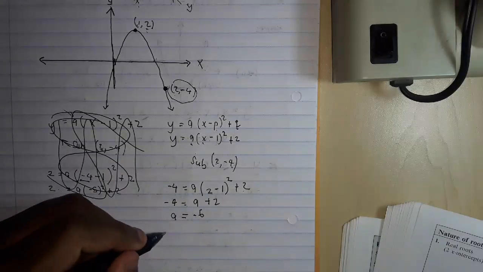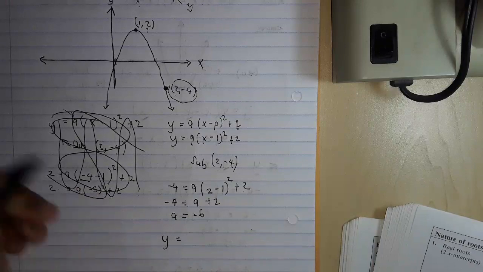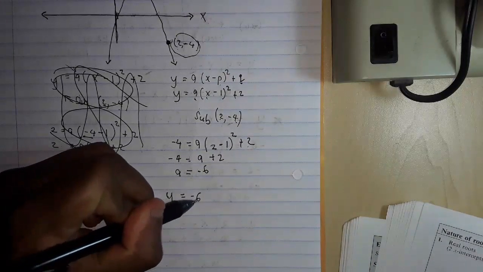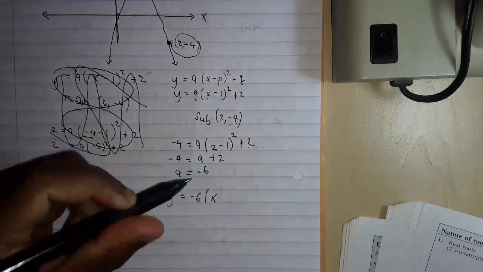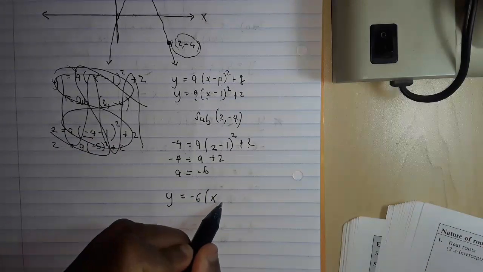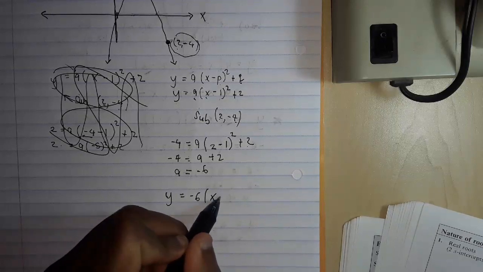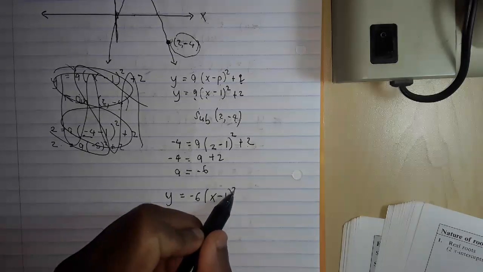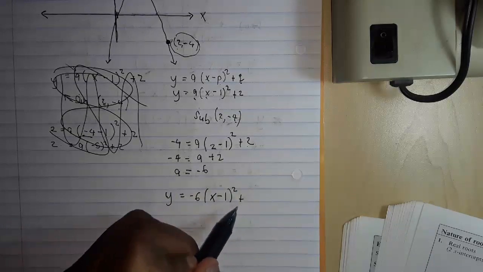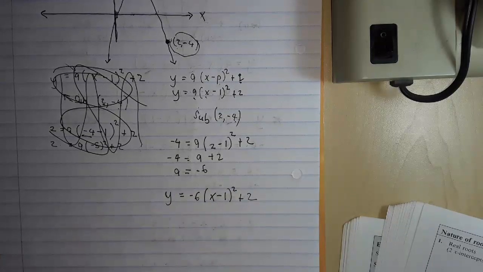So if we go back, we write the equation a bit neater. We have our a, so y equals a being -6, (x minus p), p being the x value of the turning point, so minus 1, squared, plus q, q being the y value of the turning point, which is 2. So this is what we have.